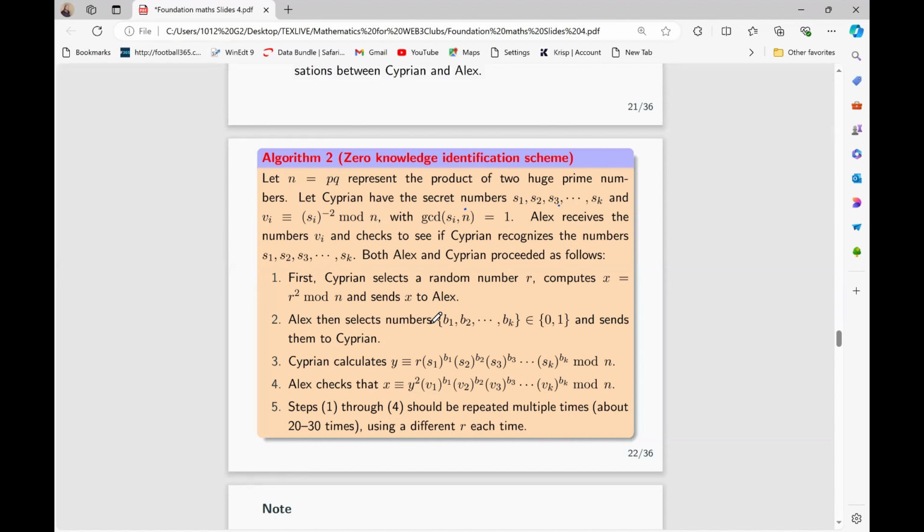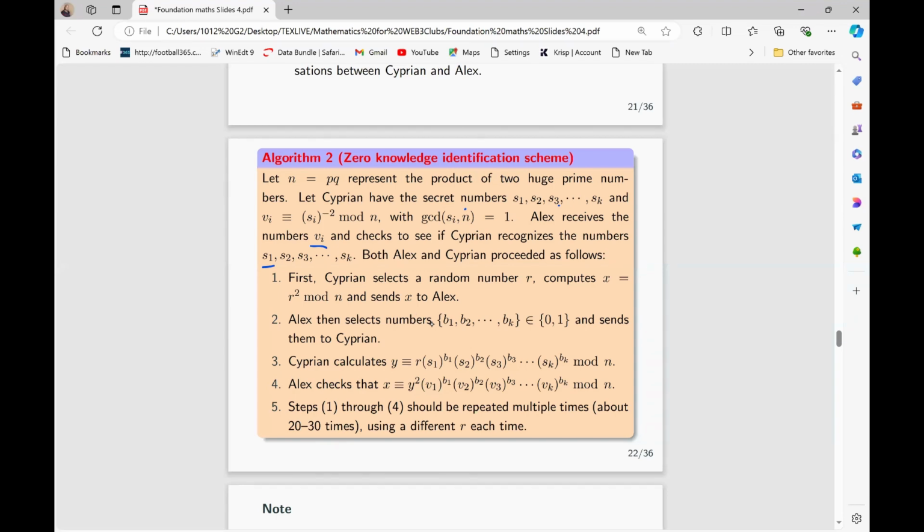You claim to Alex that you know what S1 is, what S2 is, and so on. So Alex, on receiving this, wants to check whether you indeed know S1, S2, and so on.